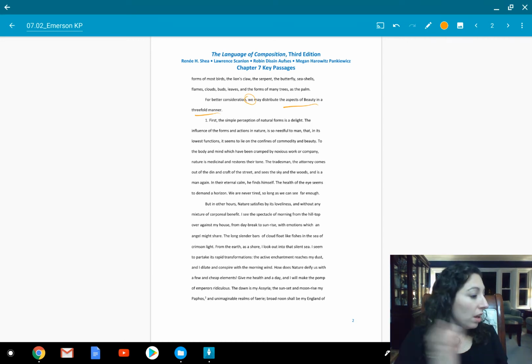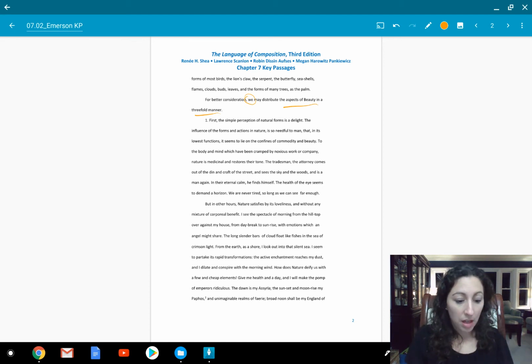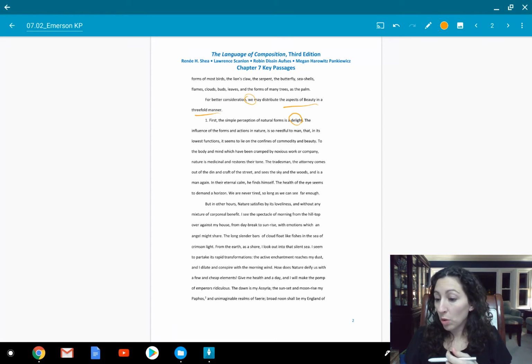Okay. Let me refer to my notes as well, because I do want to make sure we hit upon some of the most important. I mentioned before, we see the repetition of that word delight, right? Something that brings joy. He says to the body and mind. And these two things, body and mind, are put on equal terms.